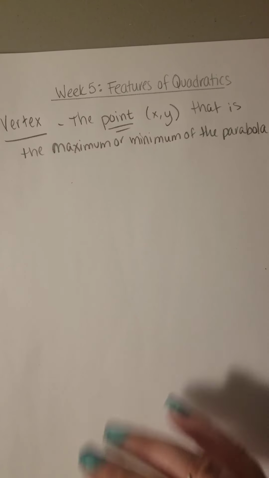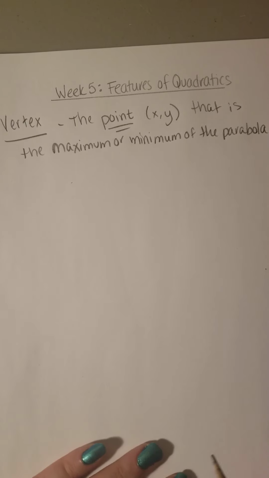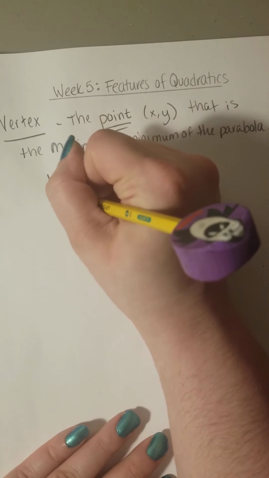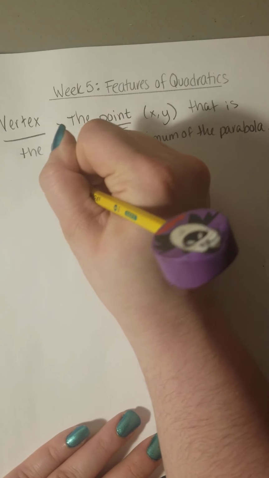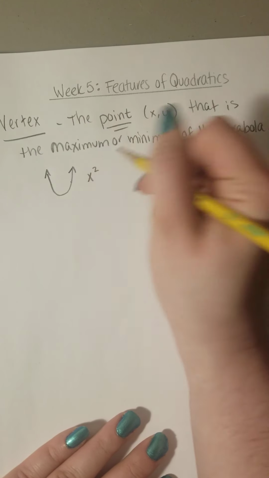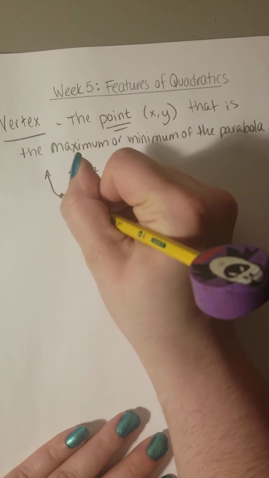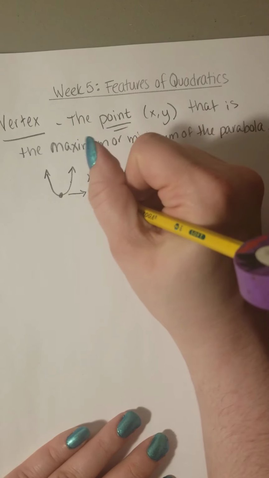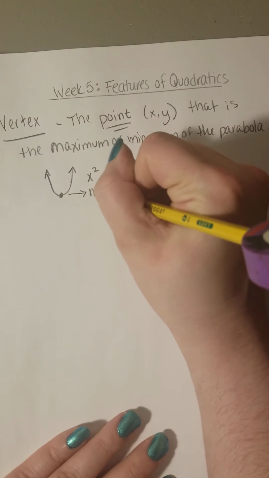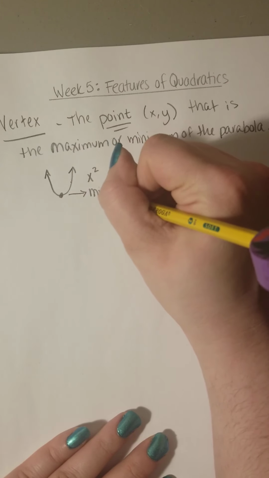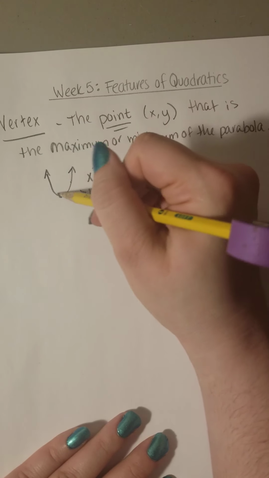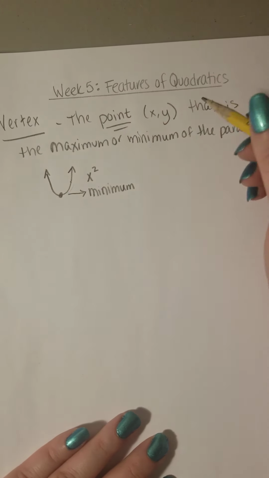What I mean by maximum or minimum is that if you have a parabola that opens up like this, because it's something like the form of x squared, this point here at the bottom is going to be its vertex. But this vertex is going to represent a minimum value because it's the lowest that it goes on this parabola.